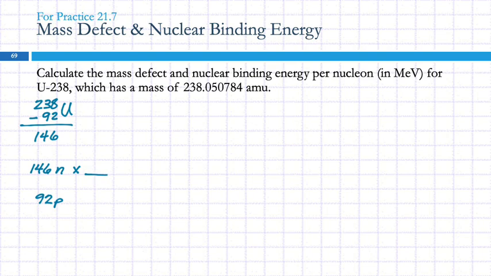So we need to know how many atomic mass units per neutron, and how many atomic mass units per proton? It's approximately 1, but we need to be more precise than that. So we're going to go back and look.